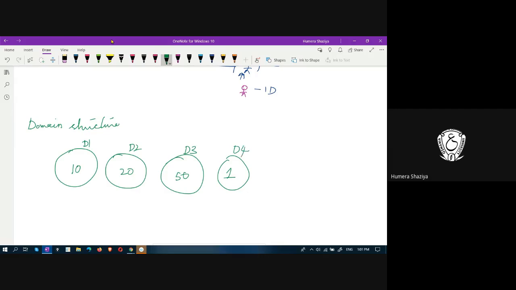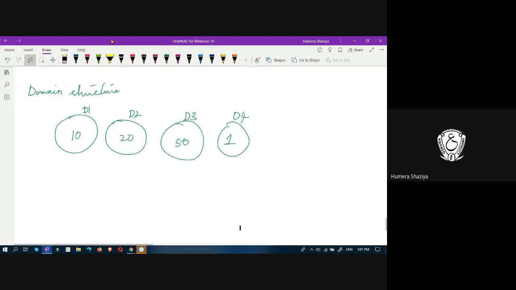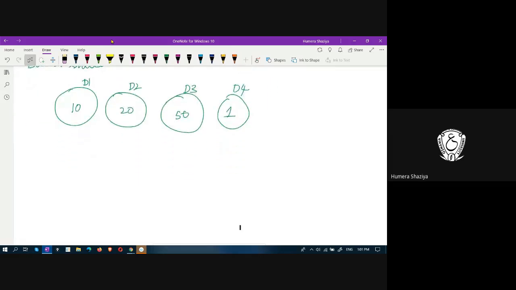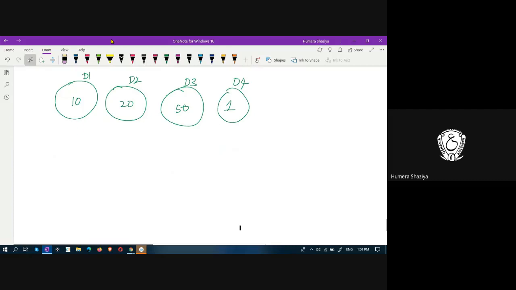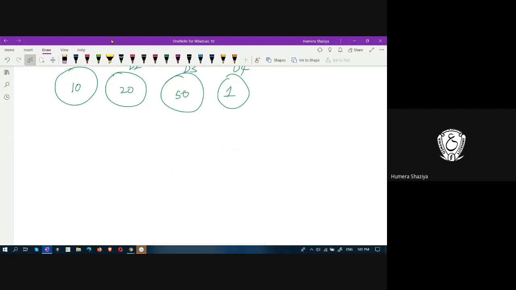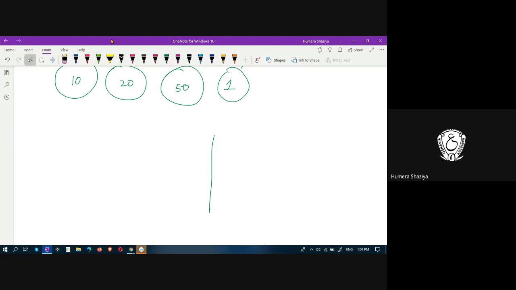Likewise, you have multiple domains, and then you have an access matrix. An access matrix is a protection model. It is a matrix which has these domains and the objects.